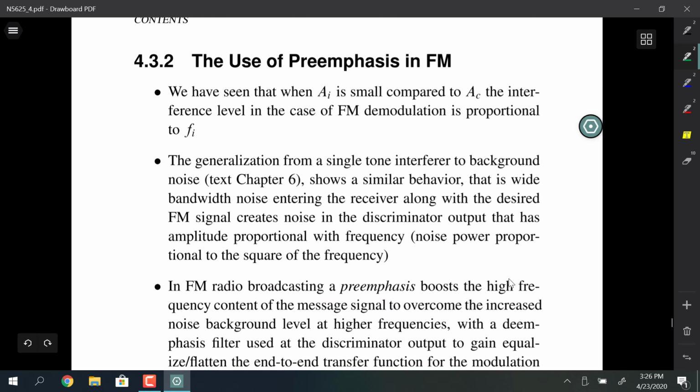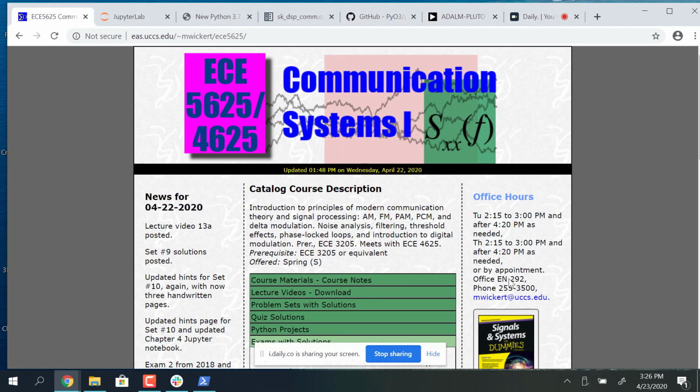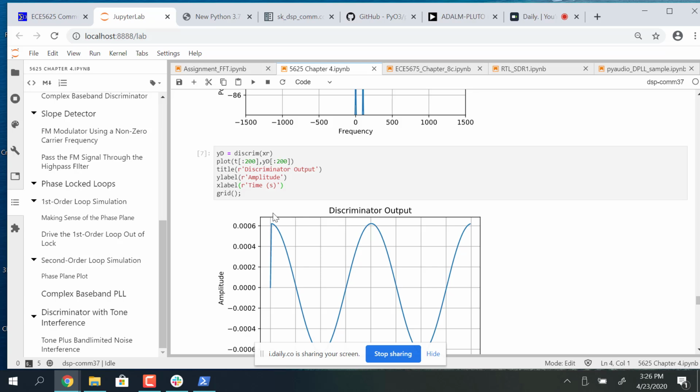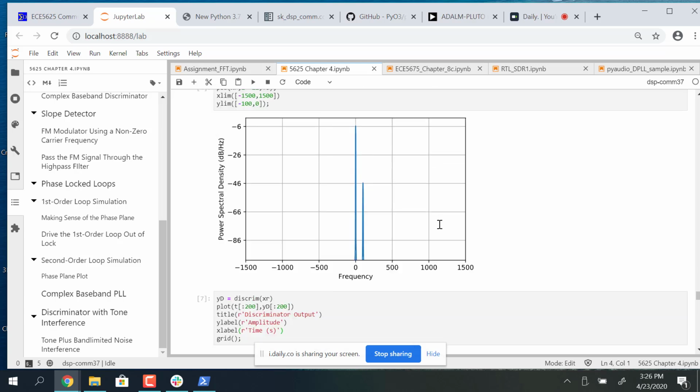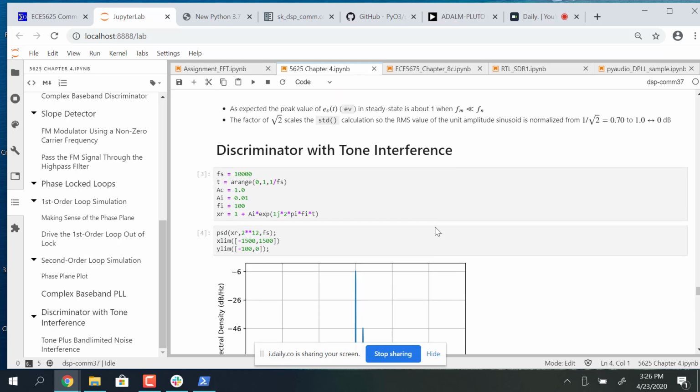So what I want to do is use that as the basis for a little demo that I have at the tail end of the Chapter 4 Jupyter Notebook. In this particular case, I'm putting in a carrier. I'm doing this at complex baseband, just like in what I was doing in the notes.